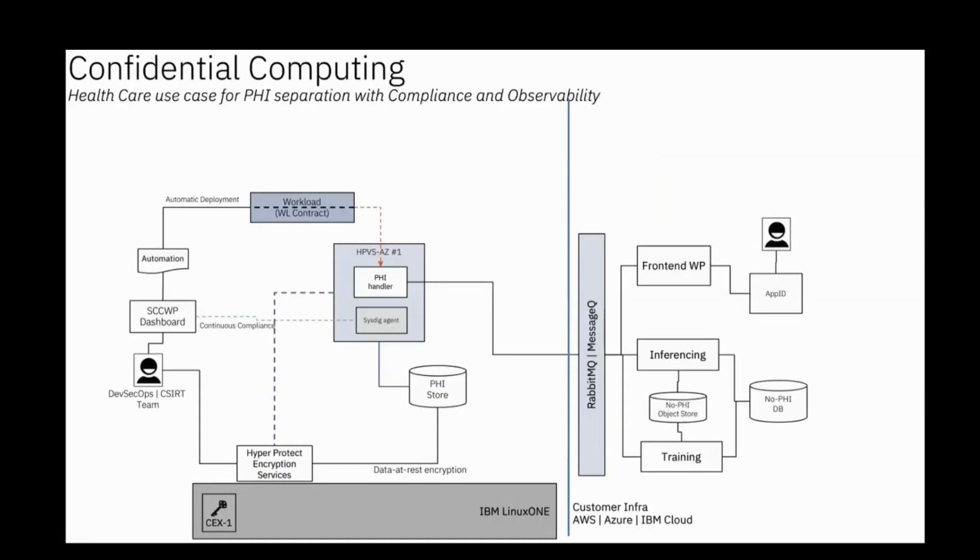Confidential computing for healthcare scenarios, for example, where you have PHI, the personal health information, that needs to be protected. So at the front end, you separate PHI and non-PHI information and process all the PHI in an HPVS container, so that all the PHI is protected from unauthorized access.